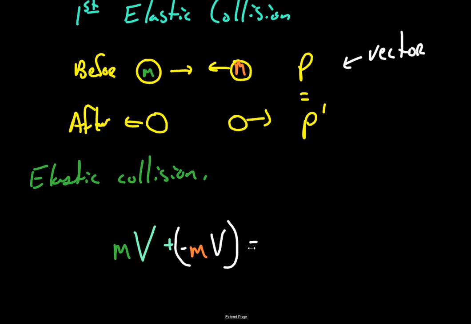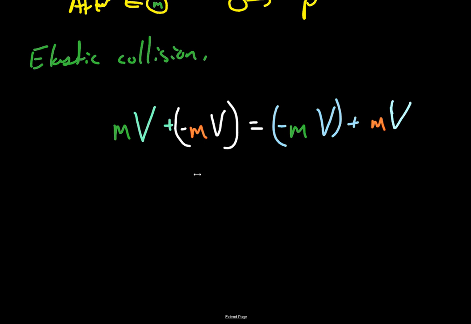And what we'll find is that after the collision, this m now will have a negative velocity, okay, plus this mass times it now having a rightward or positive velocity, okay? So it's kind of an easier way to write that.